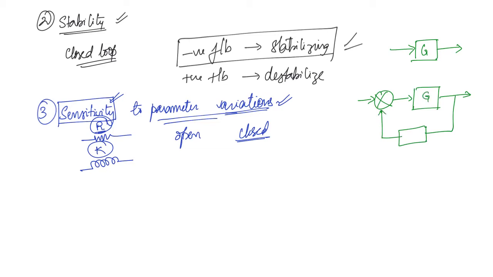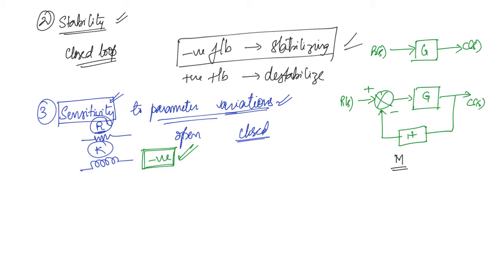So this is G and this is H. Here we will consider negative feedback systems only, because like we said, we often use negative feedback systems, while positive feedback systems are used for some specialized applications. So we will discuss the sensitivity of negative feedback systems. This will be input, let us say R(S), and output is C(S), and feedback will be negative. Now let us say the transfer function of this closed loop system is M.